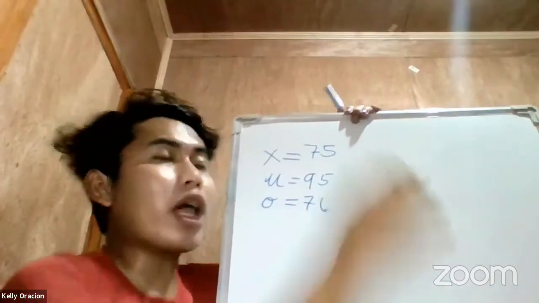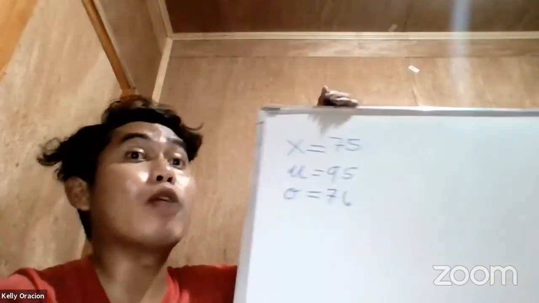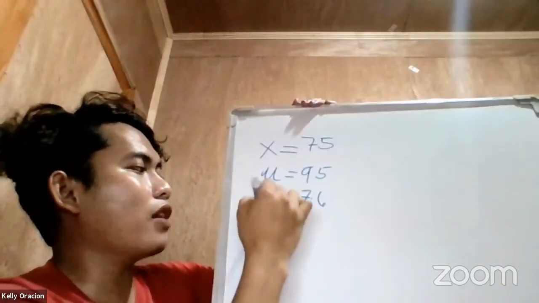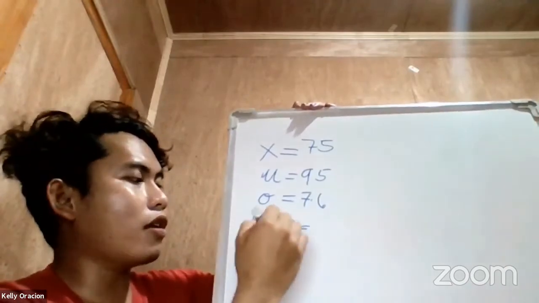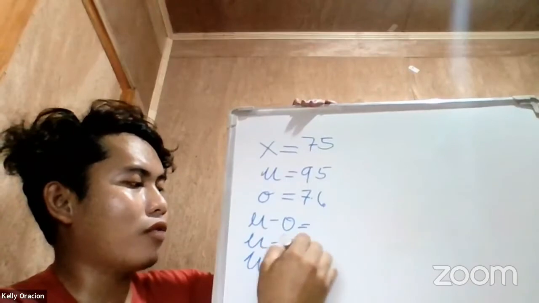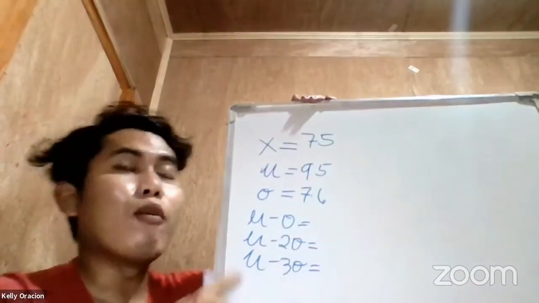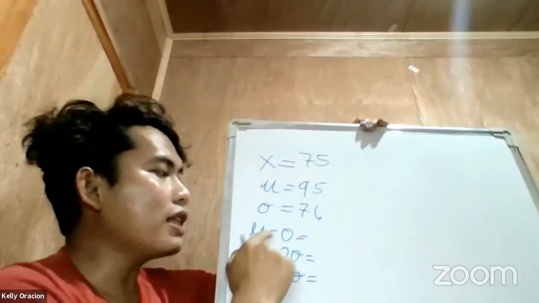That means we are going to use yung mga below the mean, ano kanina. Yung 1 standard deviation below the mean, 2 standard deviation below the mean, and 3 standard deviation below the mean. Okay? We are going to use this one. Now, what is the value of your mean?